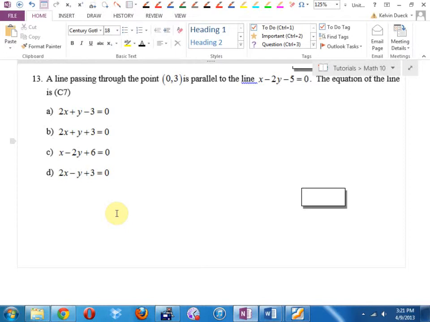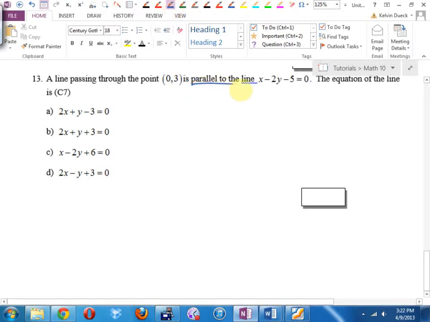I ask myself two questions. The first question is, do I know the slope? Not yet. However, I can find the slope because it says it's parallel to that puppy. How can I find the slope of that? Slope-intercept form. So I'm going to rewrite it.